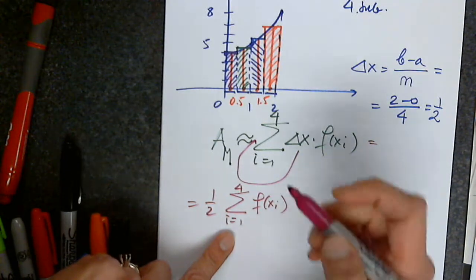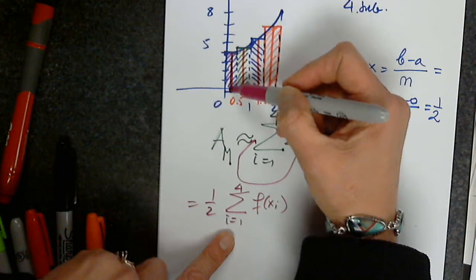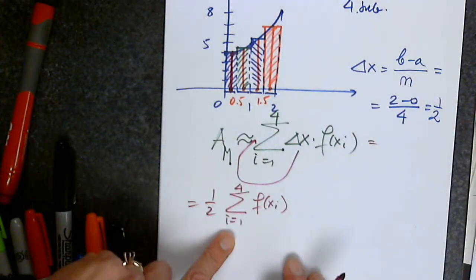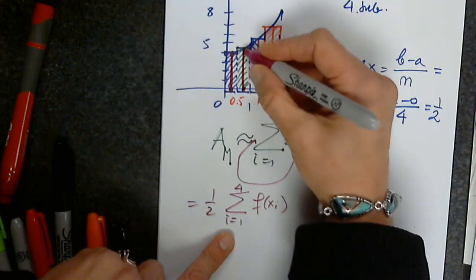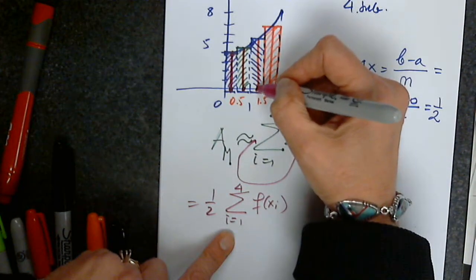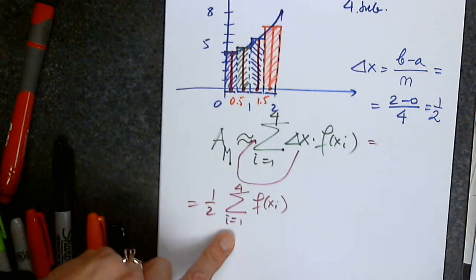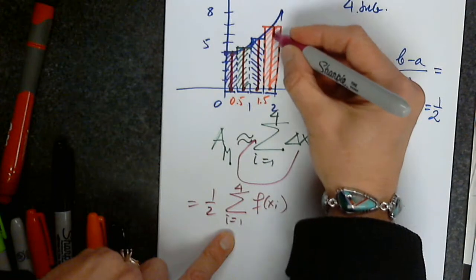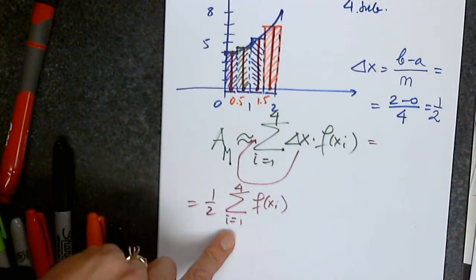When i is 1, f of xi is this value from this point to this point. When i is 2, f of xi is this value between this point and this point. When i is 3, on the third subinterval, this is f of xi. And when i is 4, I'm here, and this will be the height represented by f of xi.